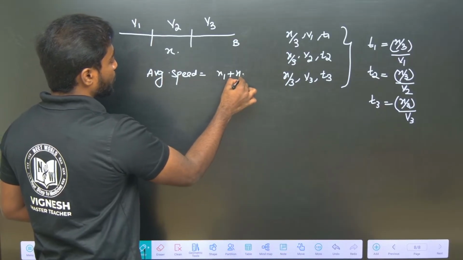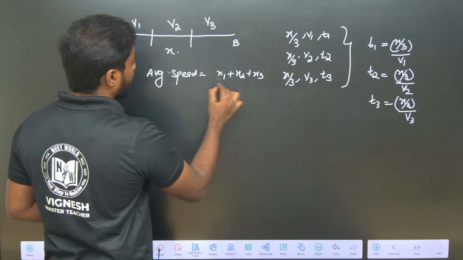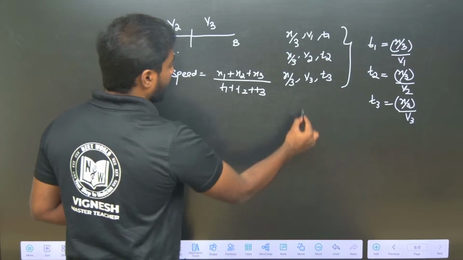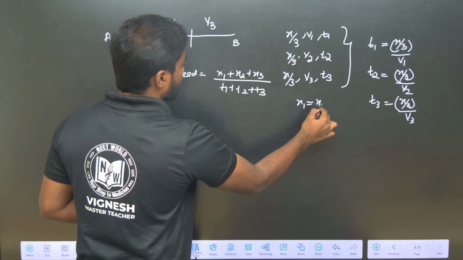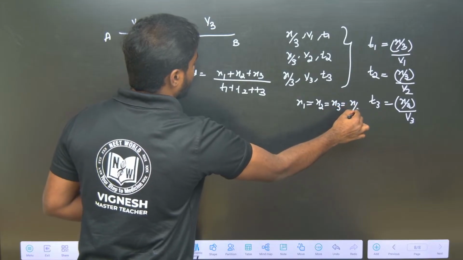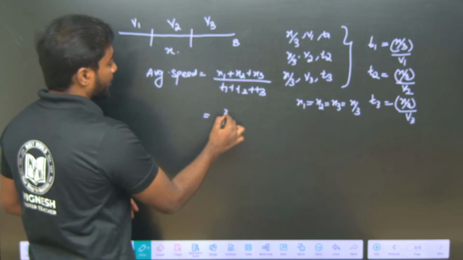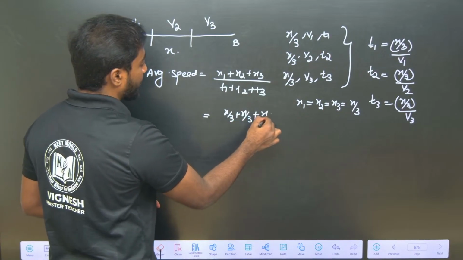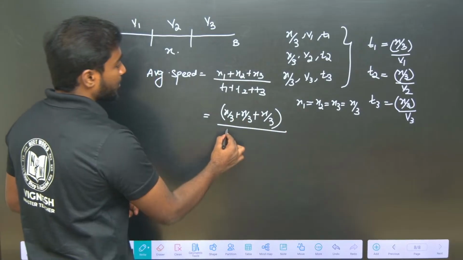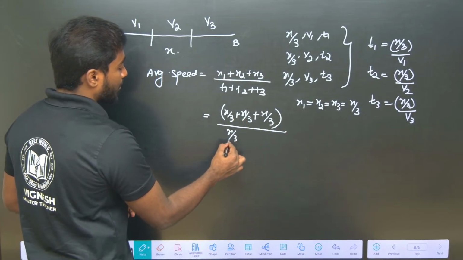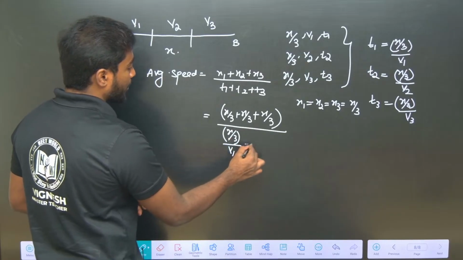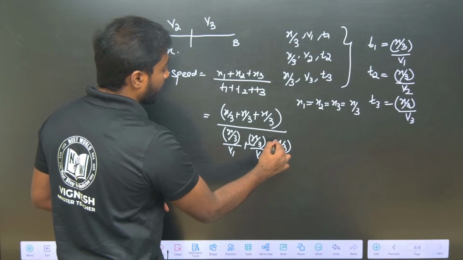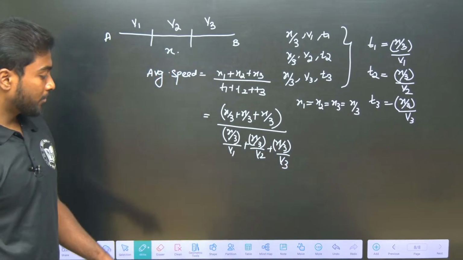So, average speed is x1 plus x2 plus x3 by T1 plus T2 plus T3, where x1 equals x2 equals x3 equals x by 3. So, x by 3 plus x by 3 plus x by 3, divided by T1 which is x by 3 by V1, plus x by 3 by V2, plus x by 3 by V3, right?